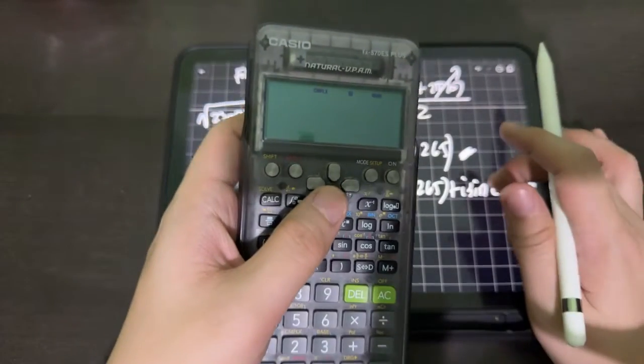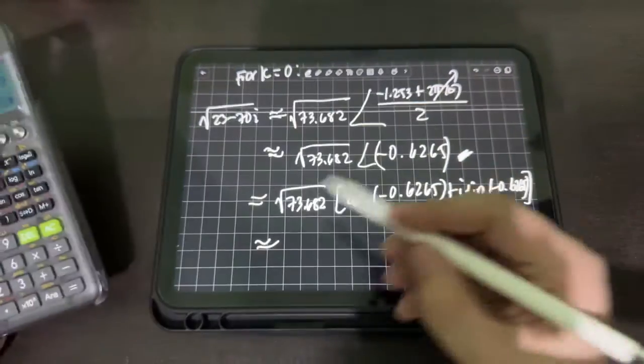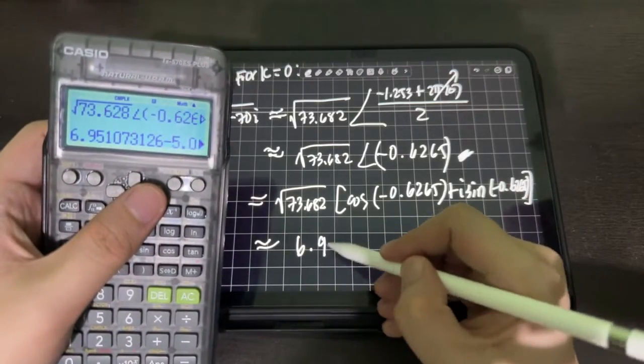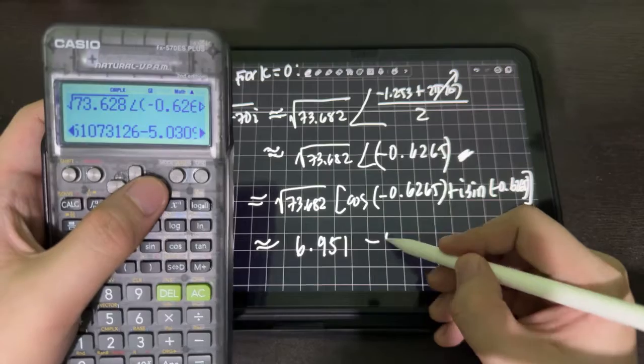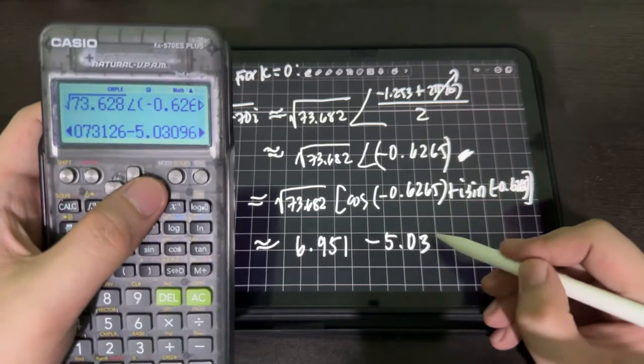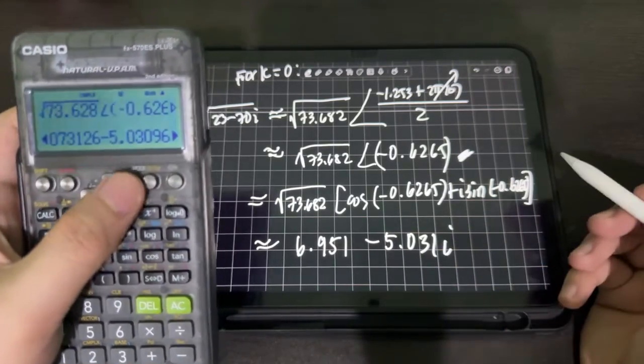Okay, it's approximately equal to 6.951 minus 5.031i.